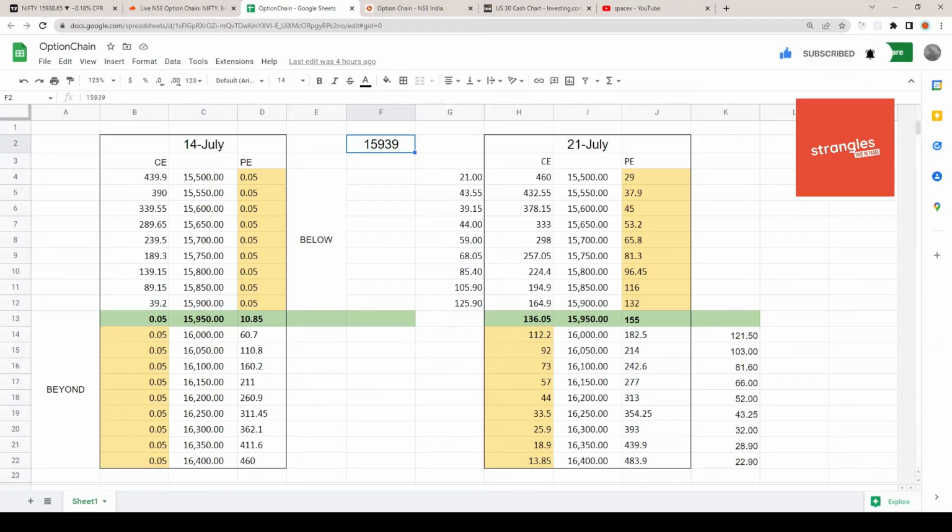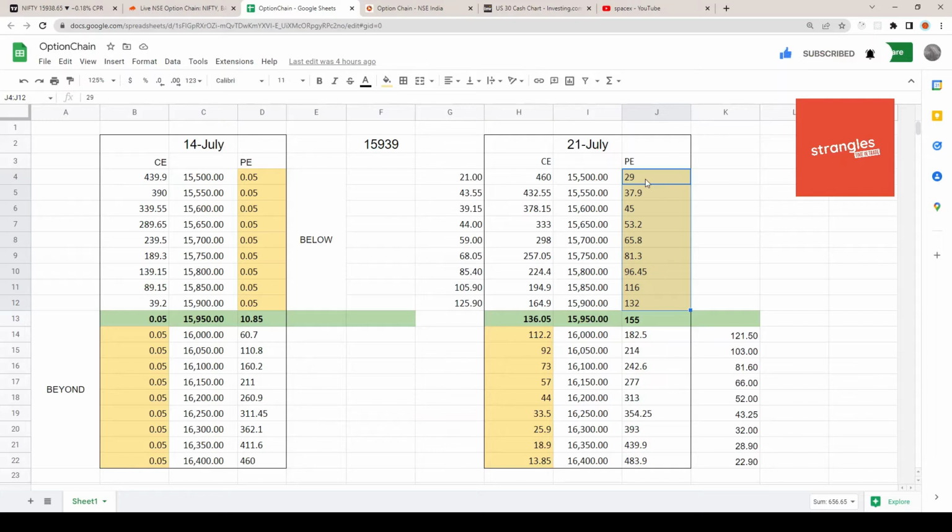So all these OTM options, you would see there is time value associated with them. All the options on an expired contract have zero time value, and this active contract has some time value for all the OTM options, both on the call side and put side, right? If Nifty is going to expire exactly at 15,950 on 21st July, all these values are going to be zero, right?